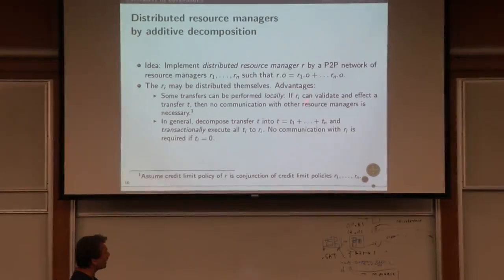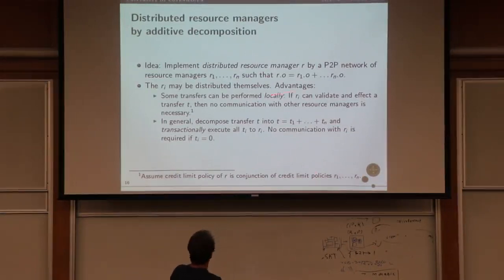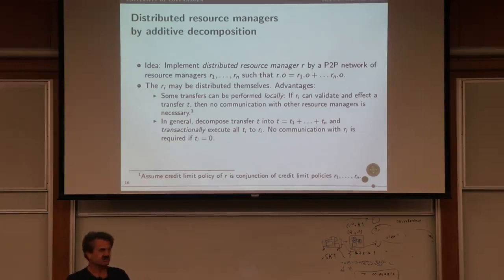So Ri updates its own internal state and sends a message back saying it's validated and effected. Notice how much communication we've had amongst the different resource managers: none. There was zero communication internally in the resource manager network. Communication was only between the client submitting the transfer request and that particular resource manager.